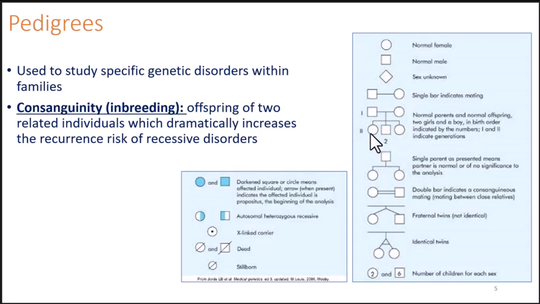And you can see normal female child, normal female, and normal male. And it's also showing you generations here at the side. The double bar represents that consanguinity term that I had mentioned, where there's mating between close relatives. So we'll see some of these symbols come up again later.